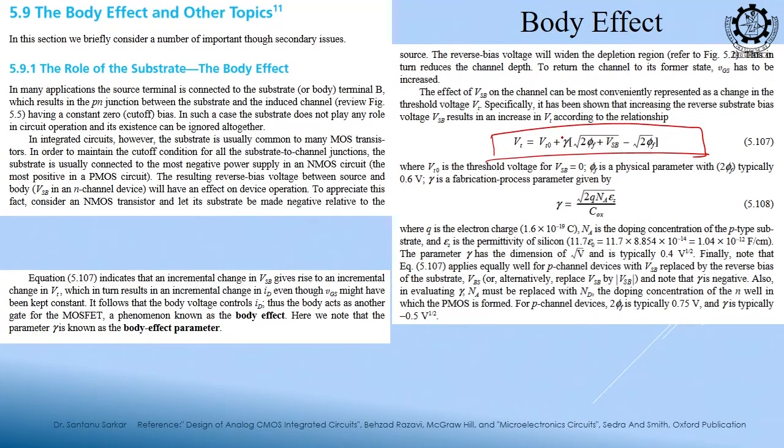One coefficient is taken as gamma, which is called the backgate coefficient, that we modeled with this gmb. No? gmb is an effect of this backgate effect. So, what is backgate effect? If we change the source voltage, that source voltage affects the threshold voltage, it changes the threshold voltage. So, this effect is known as the body effect or backgate effect.